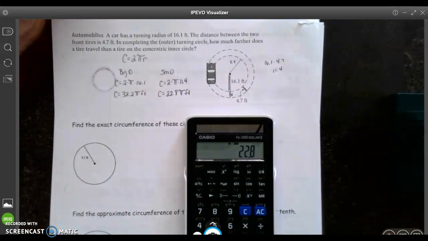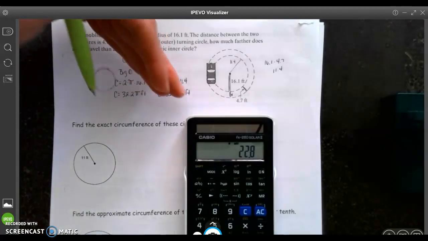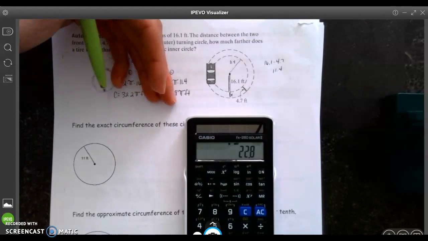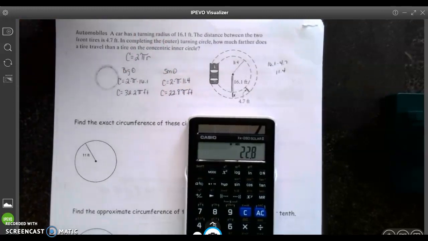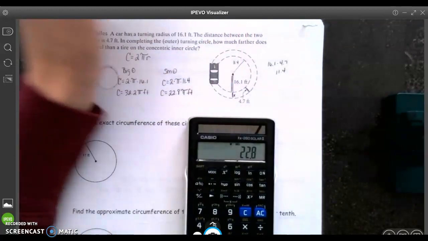So the question's asking how much farther does a tire travel on the outer concentric circle than on the inner concentric circle. So I have these 2, and that's where that subtraction comes in again, because I want to know the difference between them. I want to know how much farther this outer one is traveling.